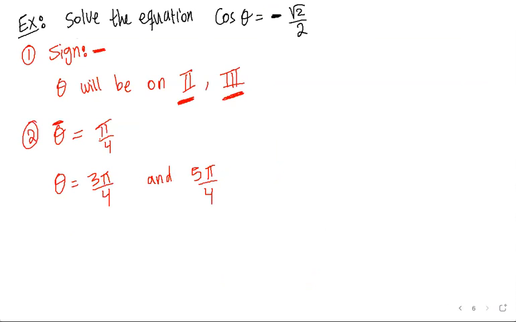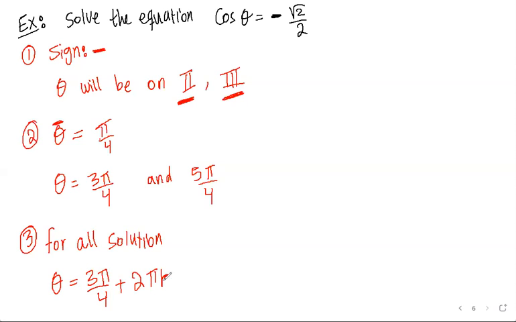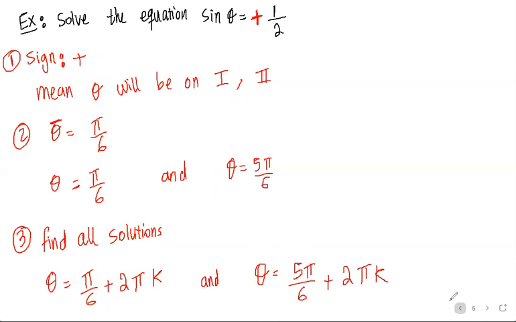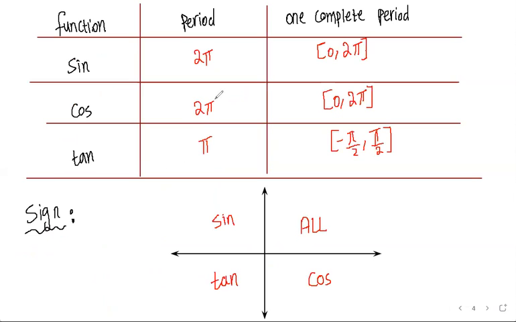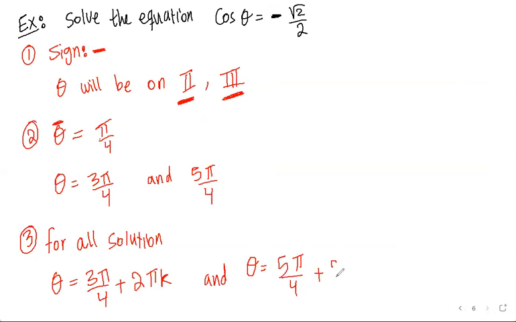Now, to find it in general, number 3, for all solutions, the first one equals 3 pi over 4 plus 2 pi k, and theta equals 5 pi over 4 plus the period. What is the period for the cosine? It is 2 pi, so 2 pi k.